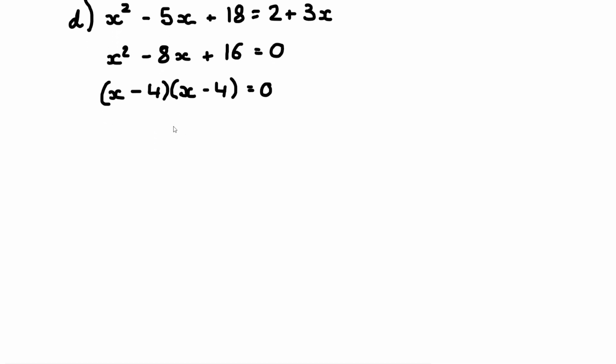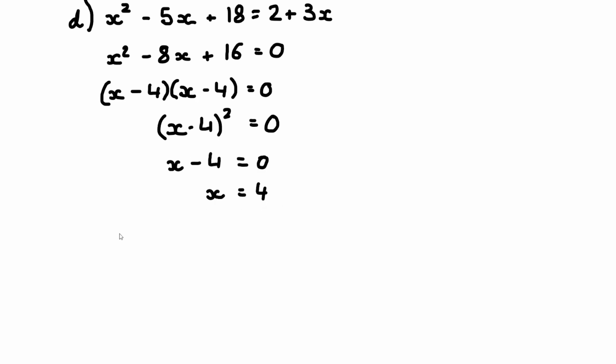So we can rewrite this as x minus 4 squared, right? Now in this case, it doesn't matter which bracket you divide by, you will always get the same answer, which in this case, if we do it out, x minus 4 equals 0 and x equals 4. Both brackets will give you x equals 4.